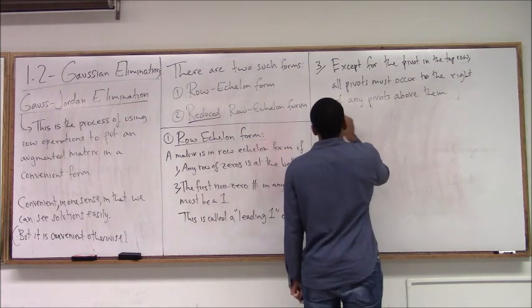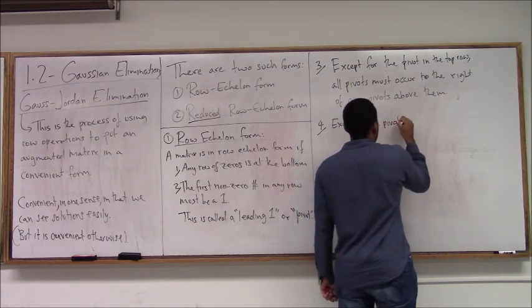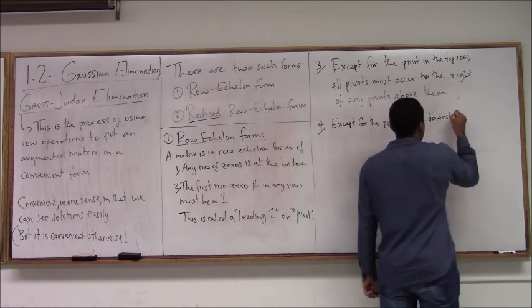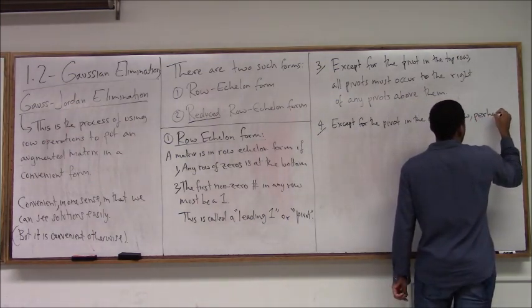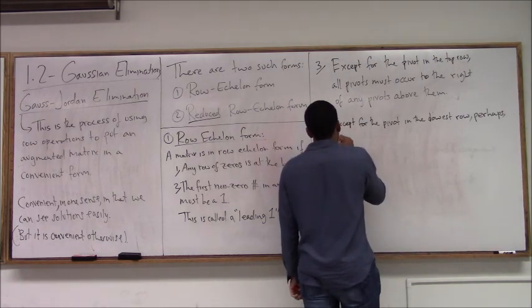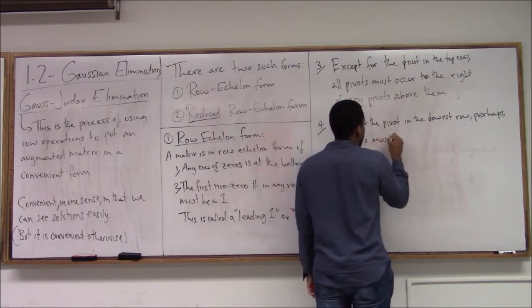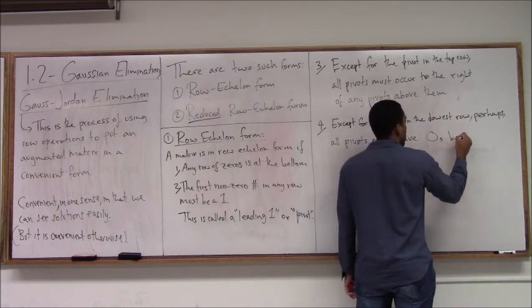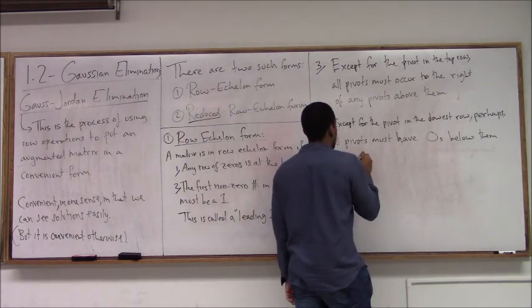Four. All pivots must have zeros below them, in their column.